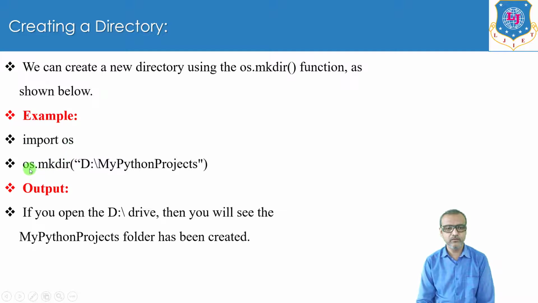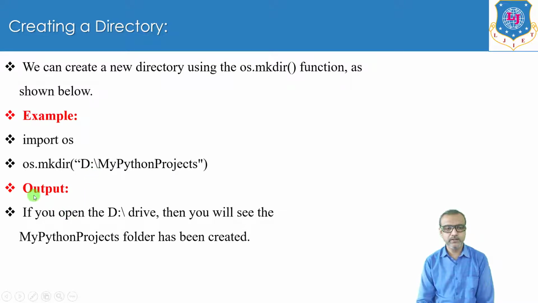Then after os.mkdir, and in parenthesis we have written d:/my Python projects. Here we have created the directory named my Python projects in D drive.